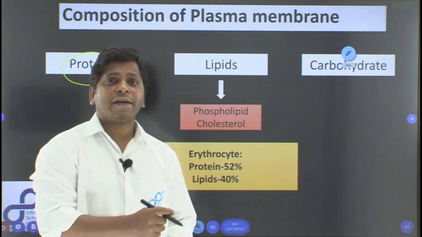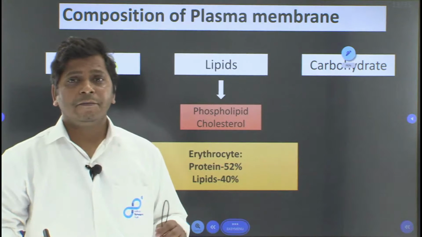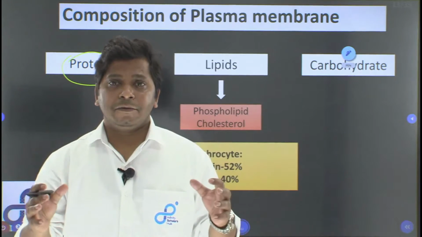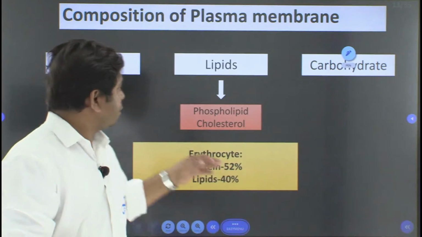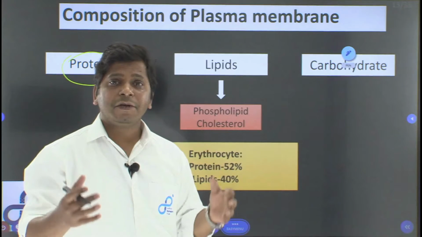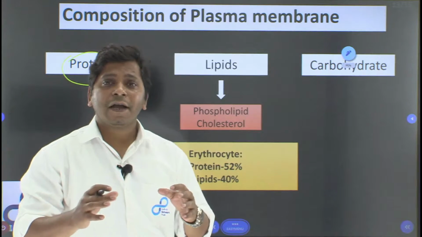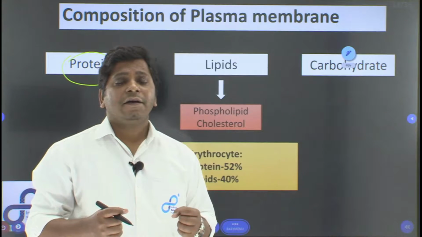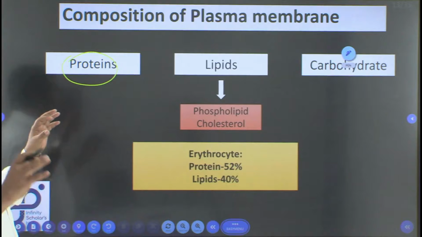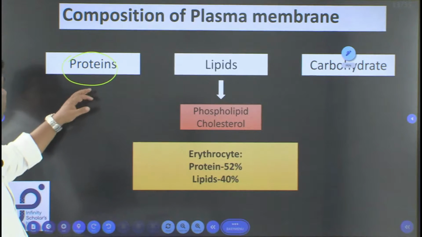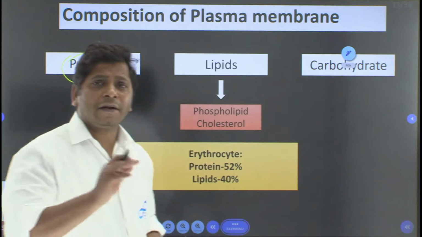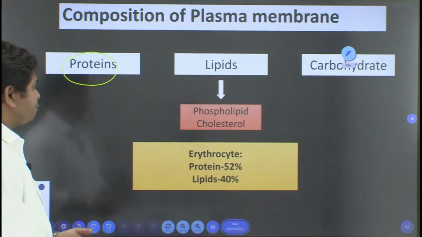Lipid is a class of biomolecules, because we know that all our cells are made up of different biomolecules. These biomolecules include proteins, lipids and carbohydrates as well as nucleic acids. These are the different classes of biomolecules that our cell constitutes. Out of these, the cell membrane is especially made up of proteins and lipids and some amount of carbohydrate, very little amount of carbohydrates.